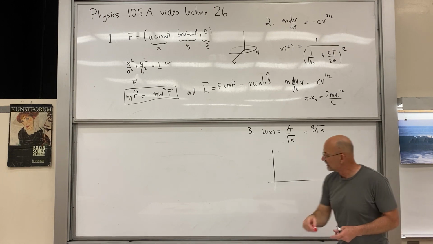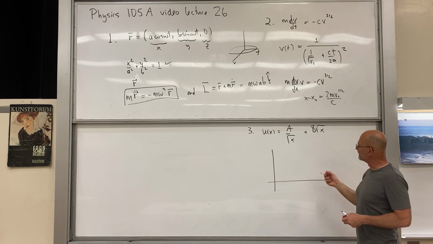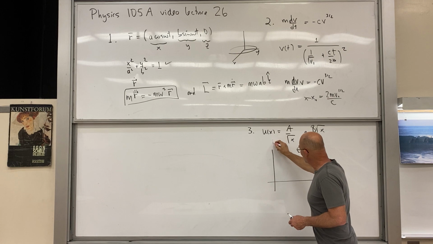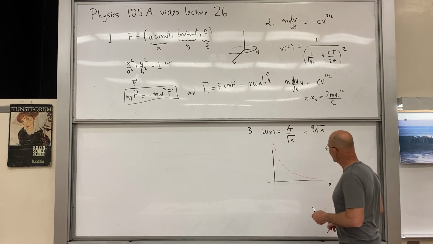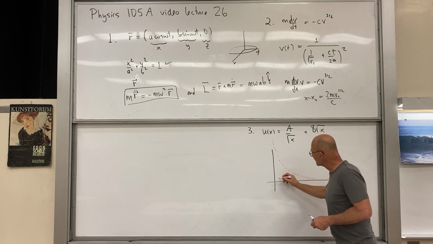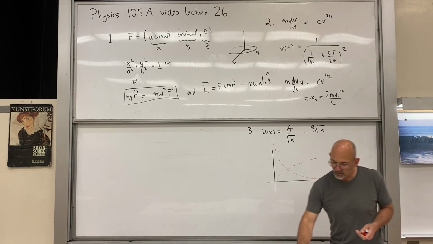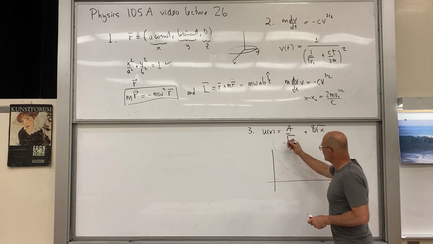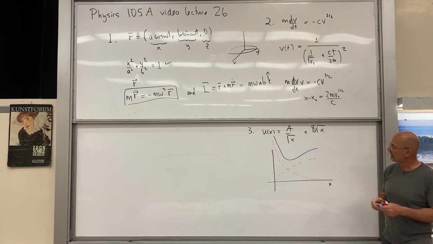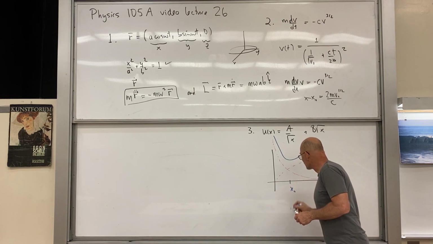A good way to look at these is to know these basic functions. A over the root of x is just generically going to diverge here and come down like that, much like some other functions we've dealt with. Square root of x goes up like that. So when you add those, you're going to have something like this, and you clearly have a local minimum.